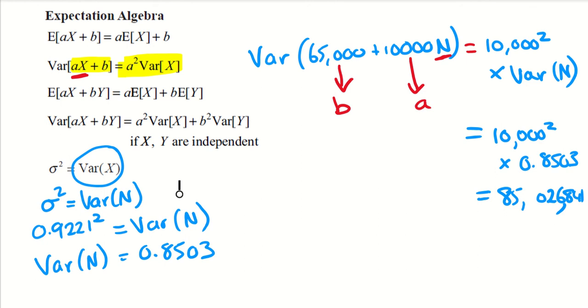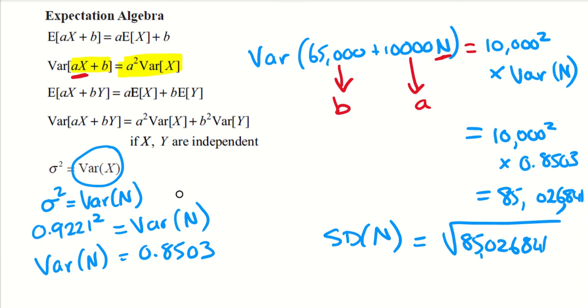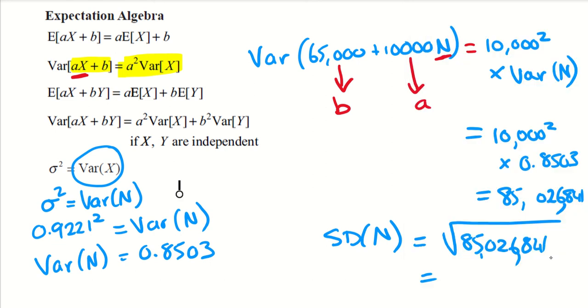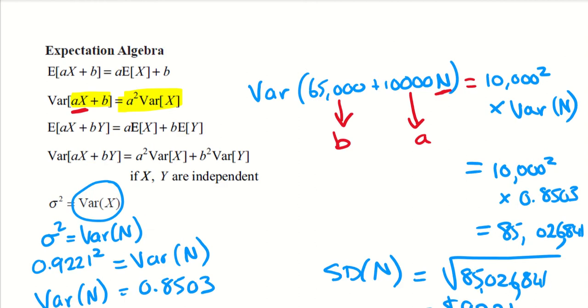We could leave that as a variance, or we could turn that into a standard deviation, which means taking the square root of that. Doing the square root gives me 9,221. So that tells us the variation. It's got a standard deviation of $9,221.